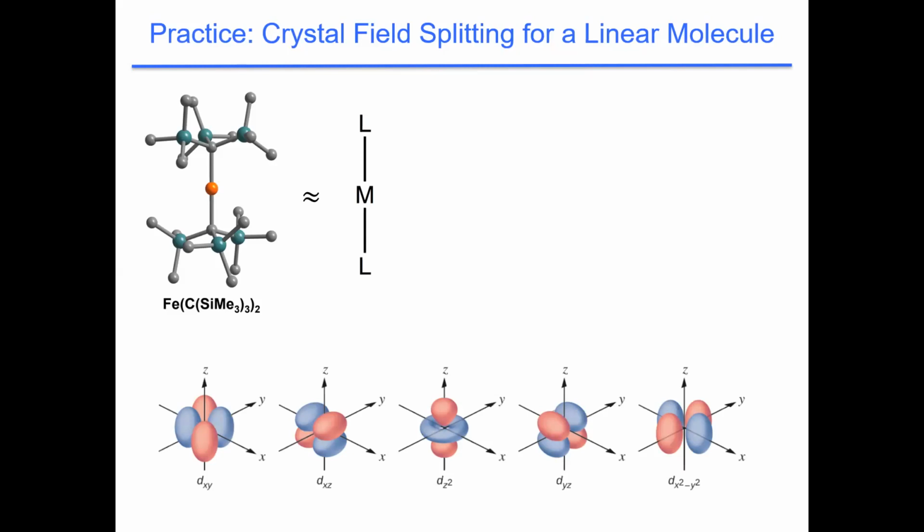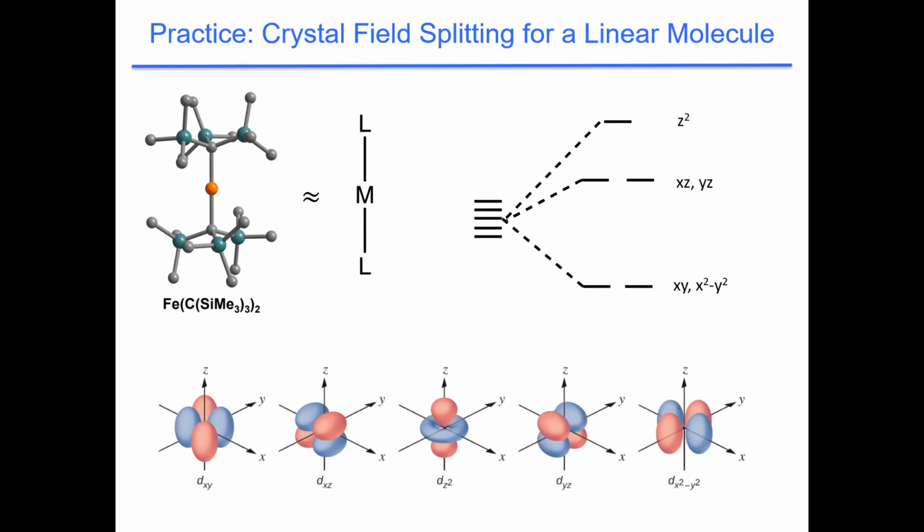Since that's an antibonding orbital, it's going to be the most destabilized, and so it'll be highest in energy. The next highest in energy orbitals are going to be those that have a z component, the xz and the yz, since they have some interaction with the ligands that are going along the z-axis.